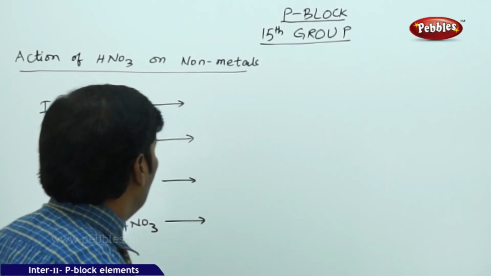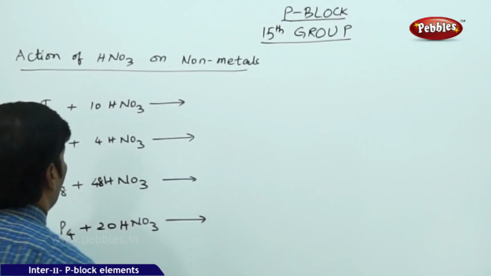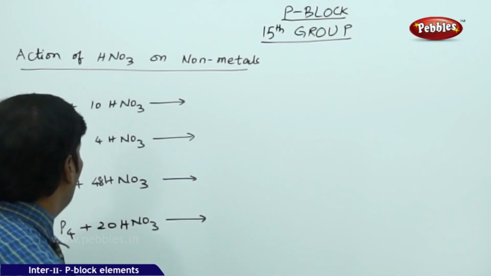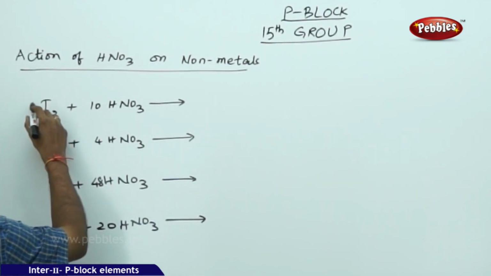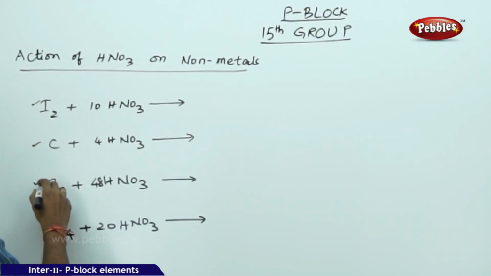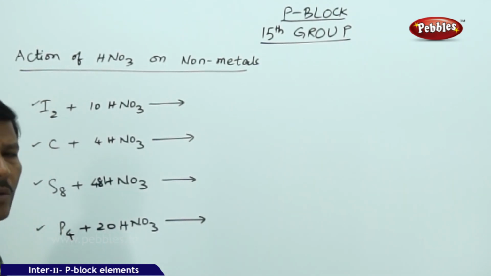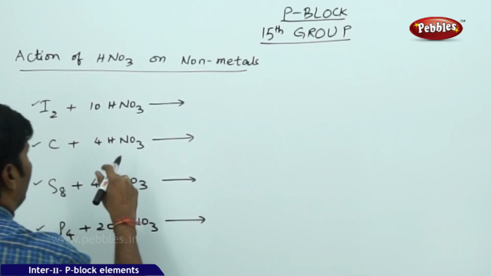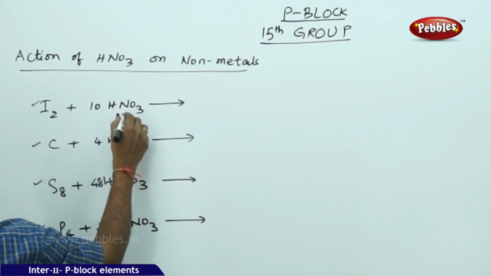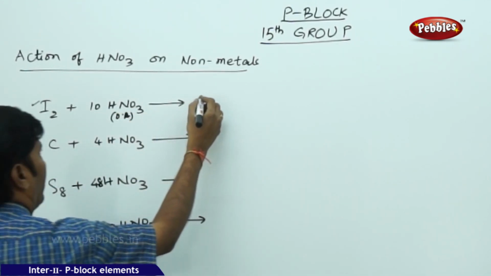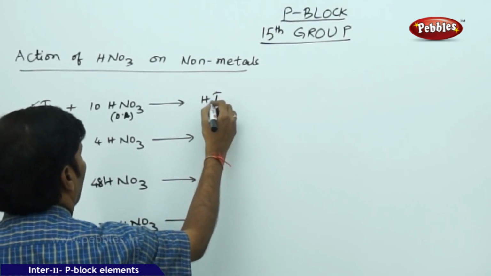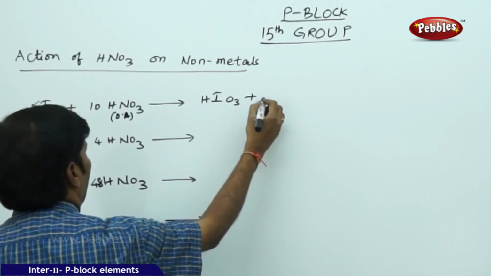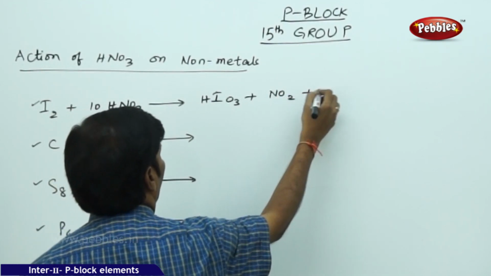Suppose we look at the action of nitric acid on nonmetals. You know very well that iodine is a nonmetal, carbon is a nonmetal, sulfur is a nonmetal and phosphorus is also a nonmetal. For these nonmetals, nitric acid is an oxidizing agent. With iodine it forms HIO3, iodic acid, plus nitrogen dioxide plus water.